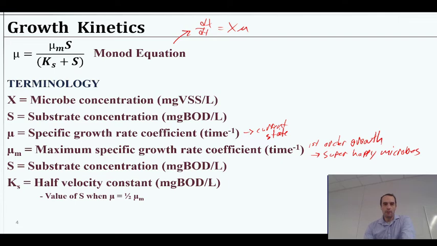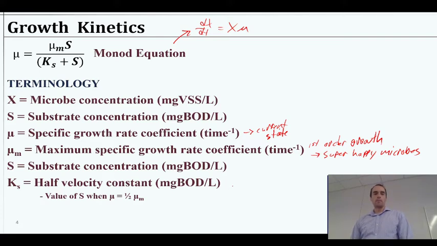This is called the half velocity constant. And on the bottom, we see we have S in milligrams BOD per liter plus this. So this also has to be some measurement of milligrams of BOD per liter. And essentially this is the amount of food when the microbes are halfway happy. They're halfway to their little nirvanas or whatever you want to say.